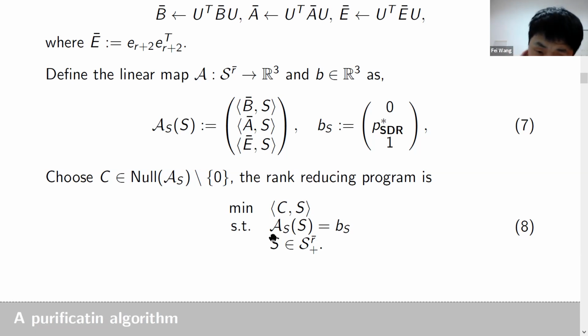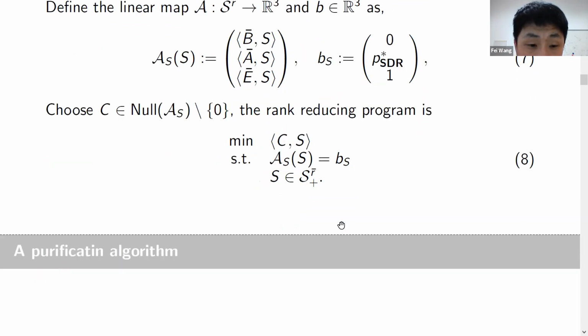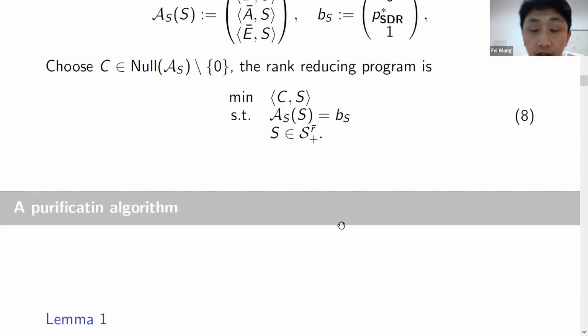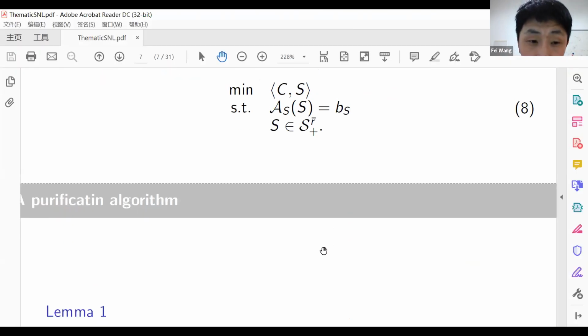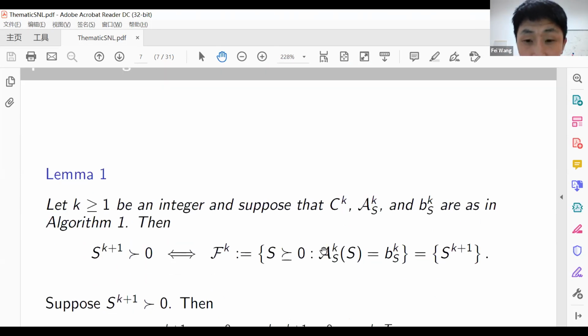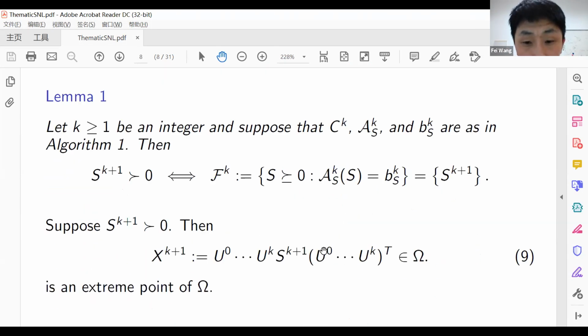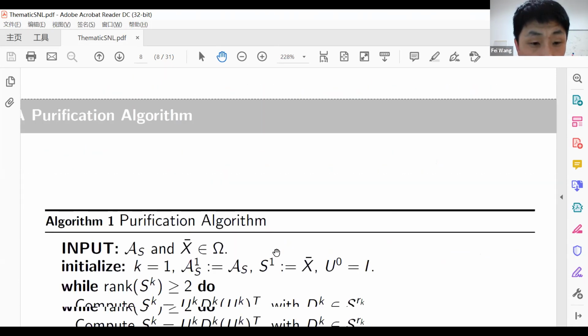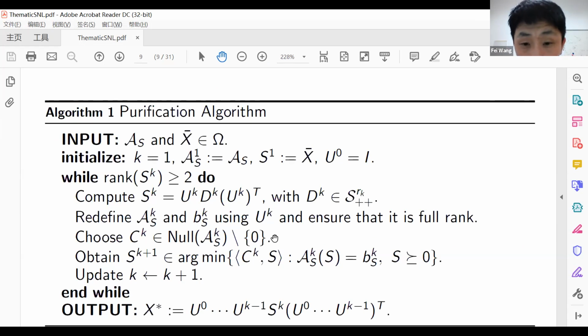Therefore, when we solve it, we reduce the rank by at least 1, and then we continue. Each time the rank is reduced by 1. So after at most R+1 iterations, we can purify to get an extreme point, and then we solve the GTRS problem. So here is lemma 1, and this is the purification algorithm.